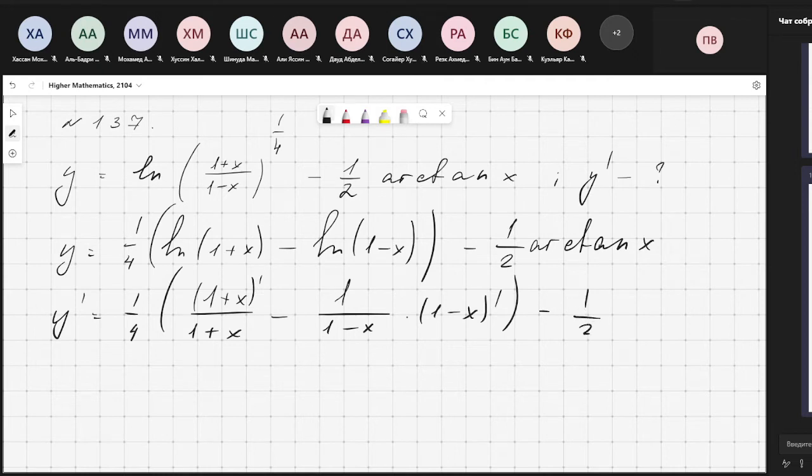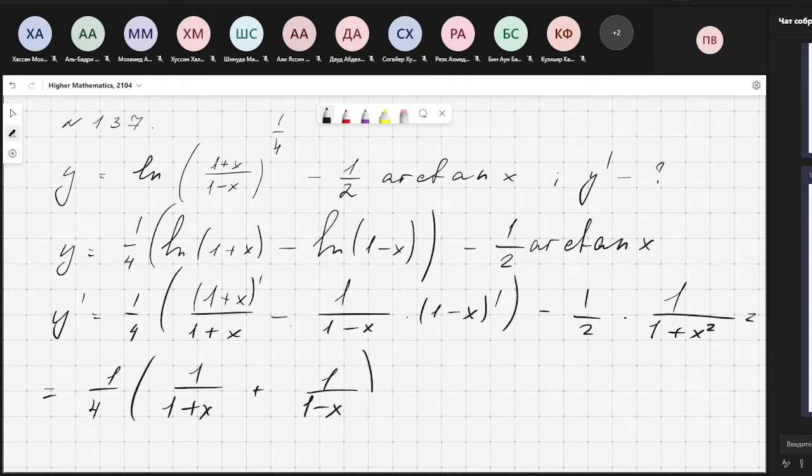Minus 1 over 2 times 1 over 1 plus x squared. 1 over 4. Here 1 over 1 plus x. Minus and minus give us plus 1 over 1 minus x. Then minus 1 over 2 times 1 over 1 plus x squared. Right.